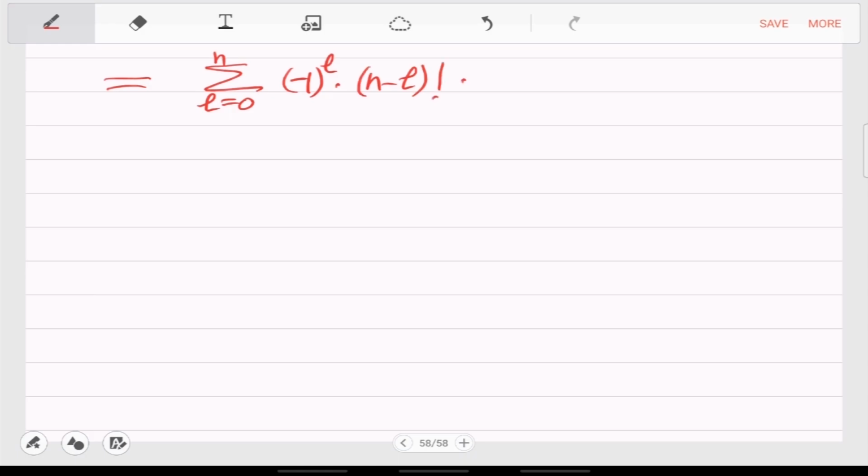And how many times do you see this contribution? The number of subsets there are of size L, which is n choose L. Right?